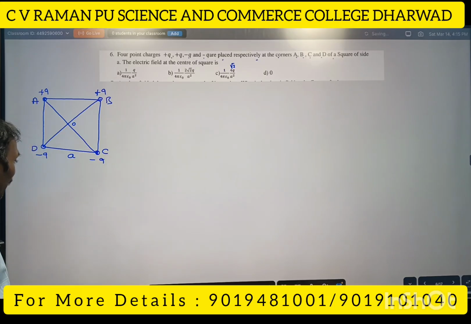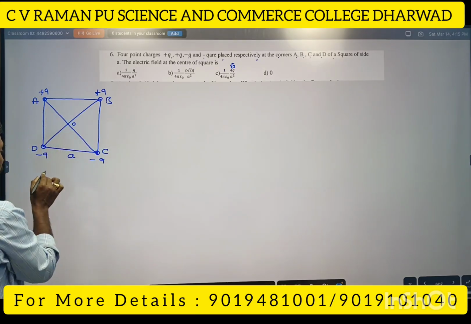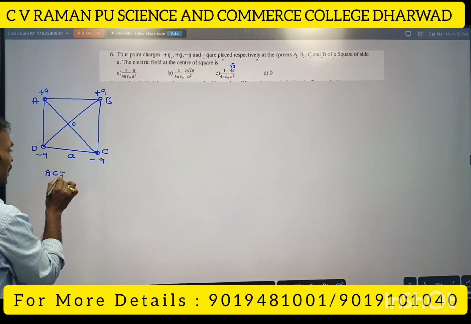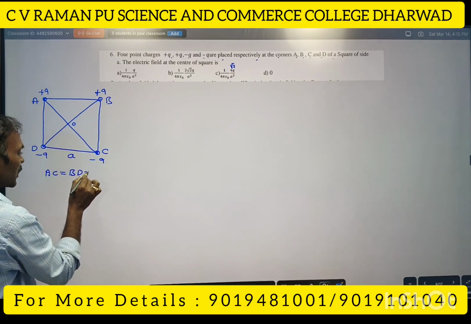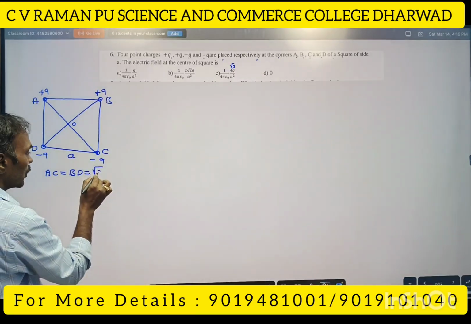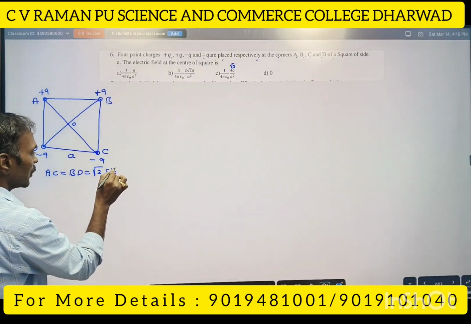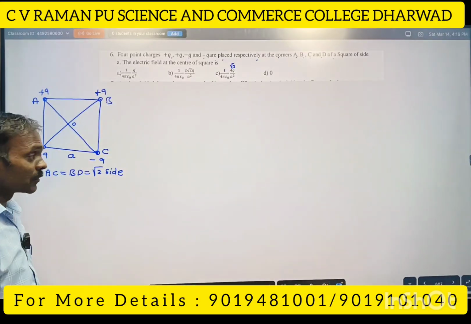So we know the formula for the length of the diagonal AC is equal to BD is equal to root 2 into side.